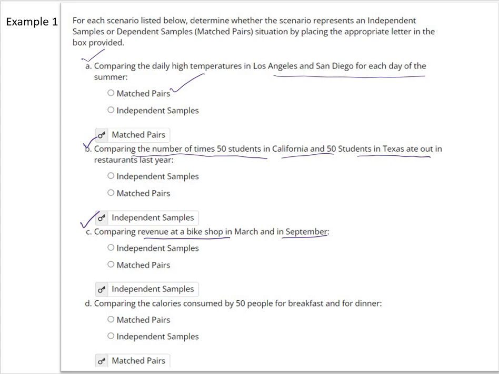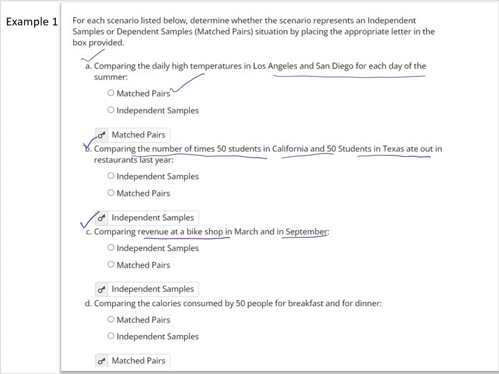Say it's the revenue of a bike shop in March and September. March is in the spring season, and September is in the fall season.